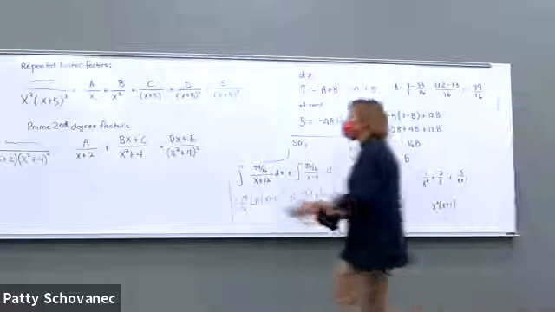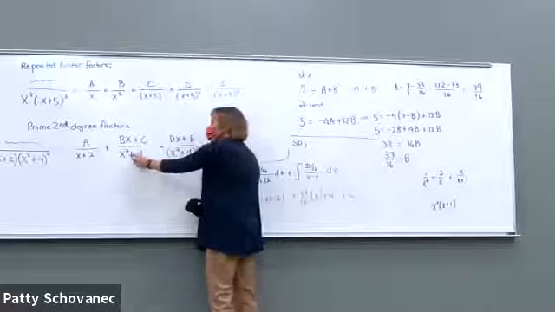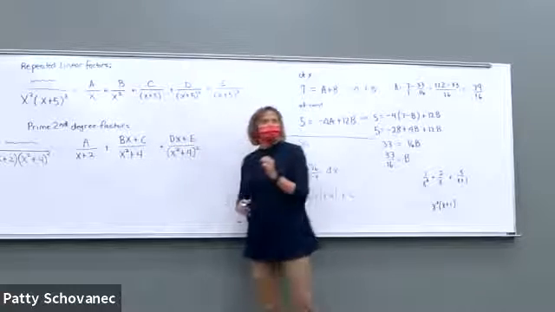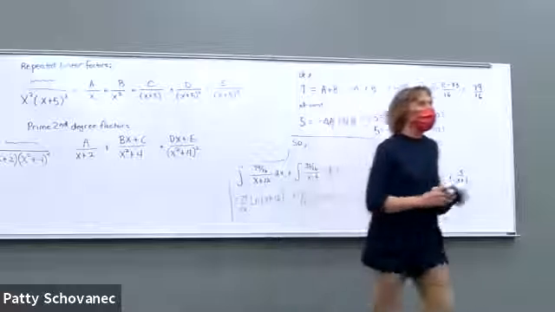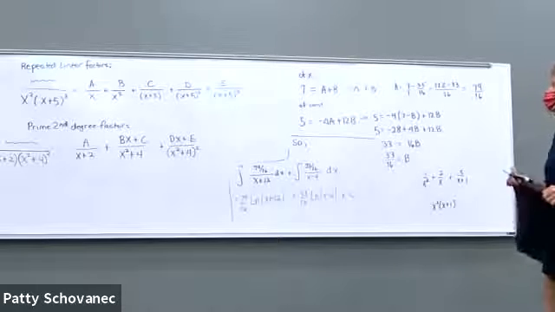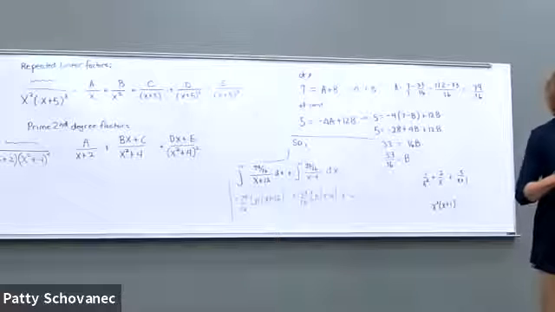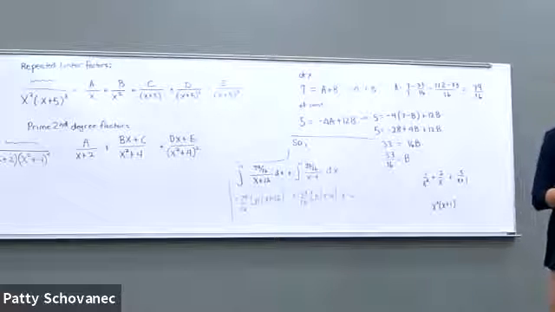So the repeated factor rule applies to quadratic factors as well, but a quadratic factor needs a linear numerator. Yes, sir. Why did you put plus C and plus E? I need a general linear term like mx plus b, so I just kept going down the alphabet. Okay? So I'll do some examples of that next time, unless you guys want to stay for another hour.